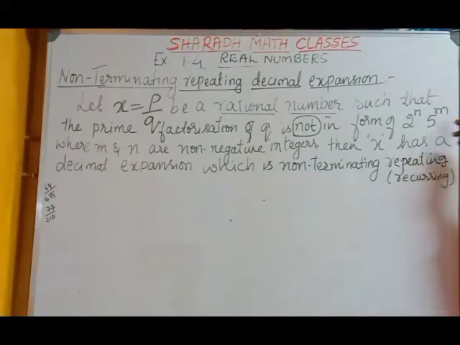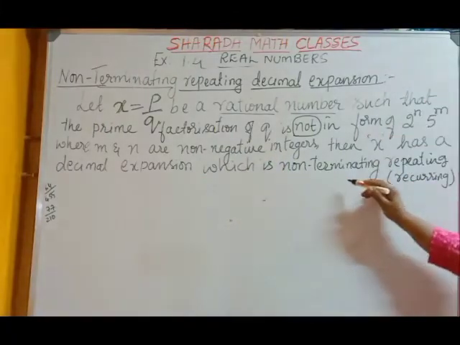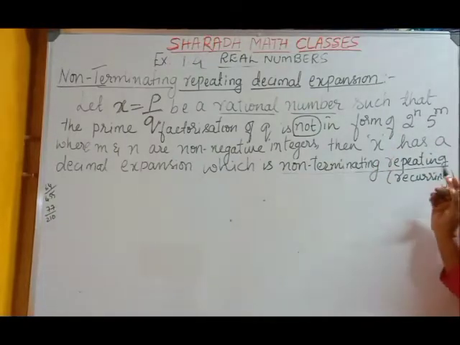In the previous terminating decimal expansion, the factors of q would be 2 and 5. The powers of these two are non-negative numbers, it should be positive always. Then x has a decimal expansion which is non-terminating repeating, which means it is a recurring decimal. Just by finding the factors you can find that they are non-terminating and repeating.